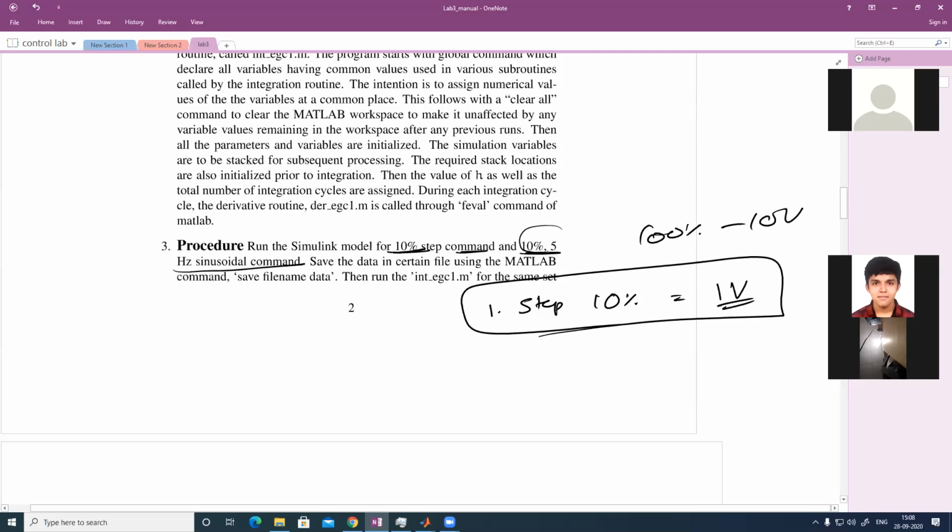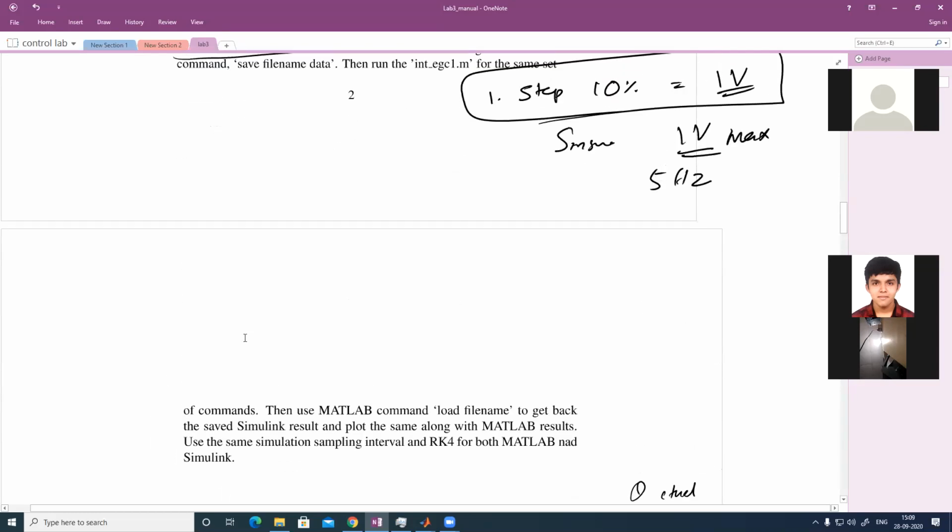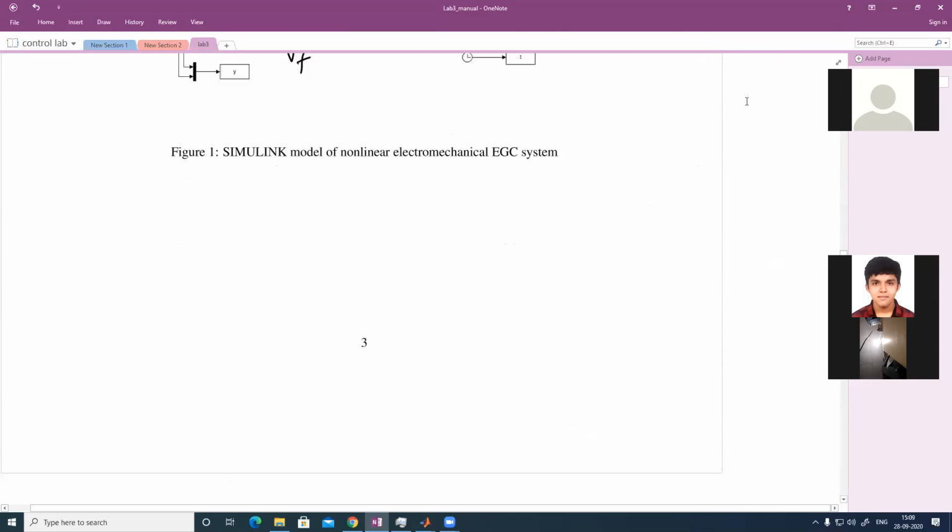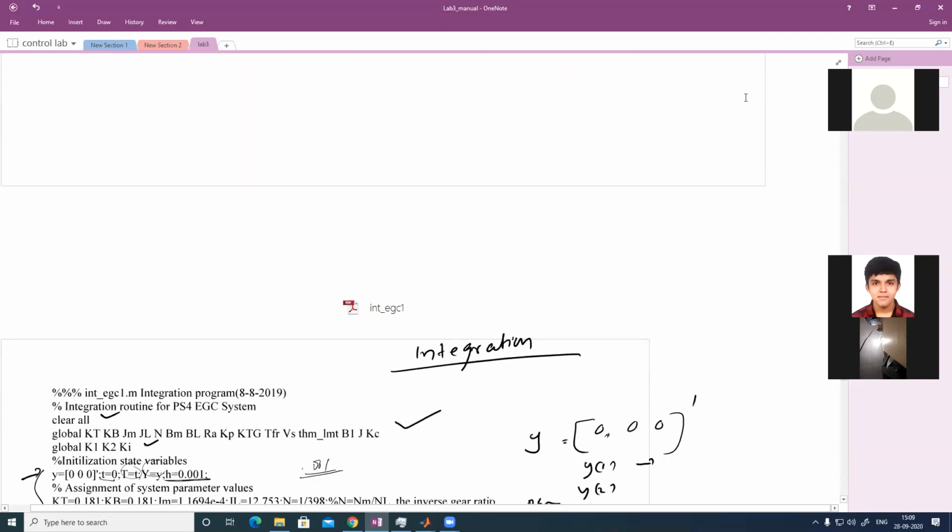And a 10% 5 Hz sinusoidal amplitude. So for the sinusoidal input you also have to give 1 volt as maximum and 5 Hz as frequency. These two things only you have to do: a step of 10%, that is 1 volt, and a sinusoidal command of 1 volt and 5 Hz.